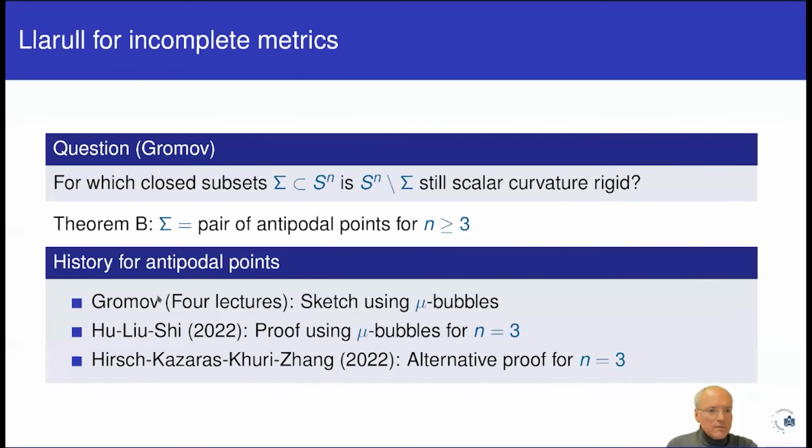Misha sketched the proof using mu-bubbles, so a different approach for antipodal points. That was worked out in detail by Jinmin Wang and Zhizhang Xie in dimension 3, also using mu-bubbles, and an alternative proof was also given by Hirsch, Kazaras, Khuri, and Zhang, also in dimension 3. And so we do it with Dirac operator methods in all dimensions at least 3.